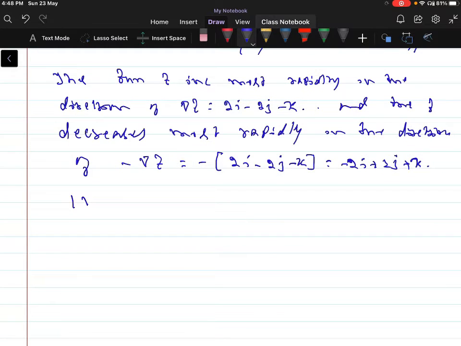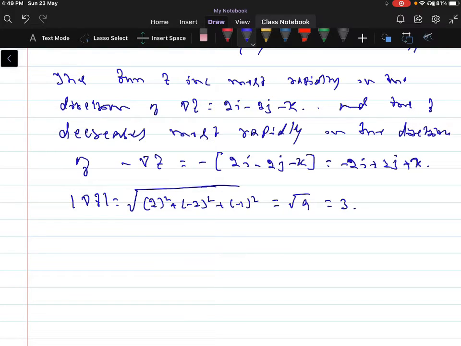Modulus of gradient of f is equal to square root of 2 squared plus minus 2 whole squared plus minus 1 whole squared. So that can be written as square root of 9, which is equal to 3.